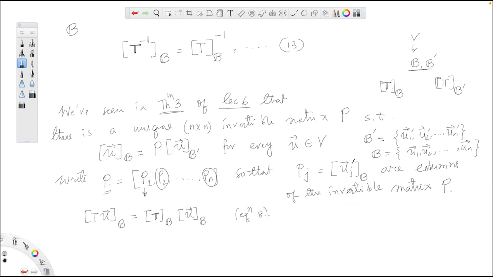So go back to the second segment and find equation number 8. We have seen it earlier.